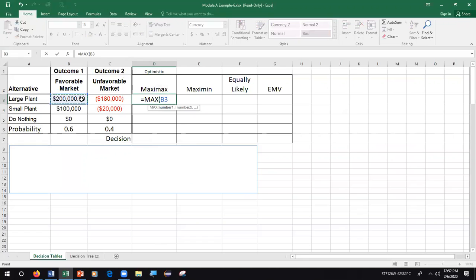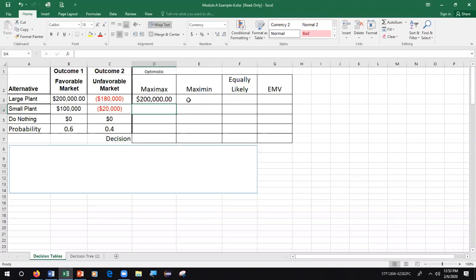We know that these are the two alternatives for the maximax, one in favorable and one in unfavorable. You can just grab both of those with your arrow and highlight that box, and then it'll show up over here in your formula. When you close that, that provides your answer. That's one way to do it. You can also hold down Control and it'll put a comma between them, however you want to do it. But if they're right in a row, you can just pull them across.